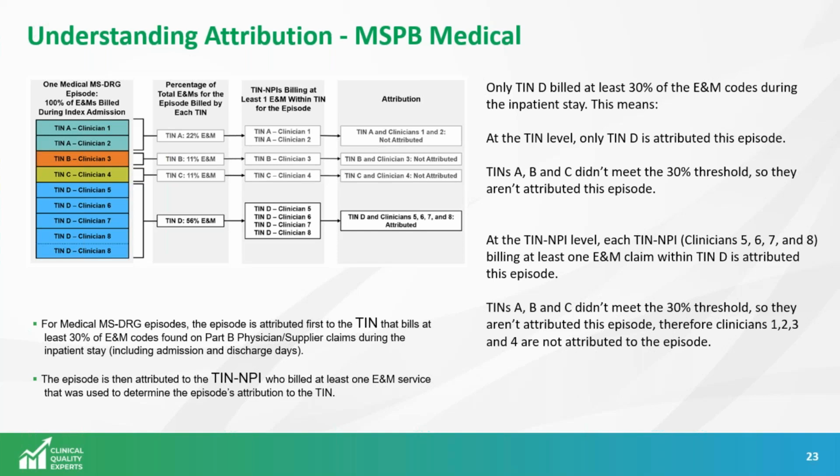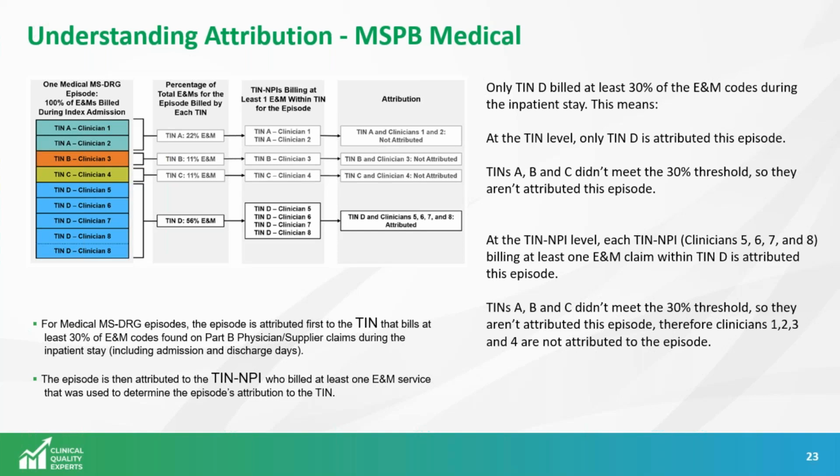So here we see an inpatient admission, and the patient ended up seeing 8 different clinicians during their episode. Of those 8 clinicians, they were split out into 4 different TINs. So only one of the TINs billed over the 30% threshold, which is going to be TIN D in this example. Therefore, only TIN D is going to qualify to be attributed to the episode because they've billed the 56%.